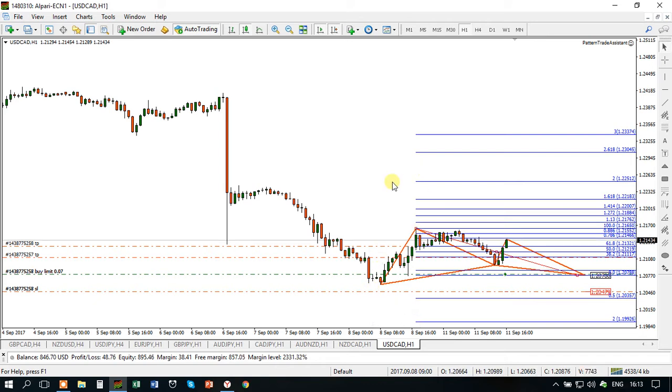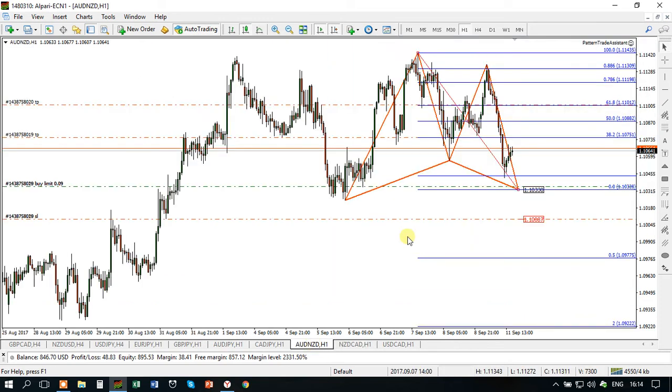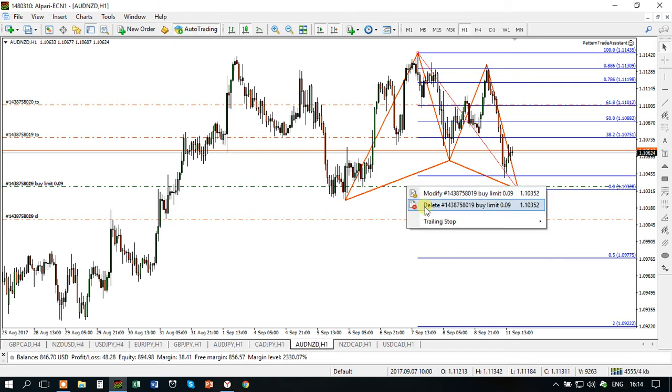If you might have noticed, my pattern trade assistant is placing trades somewhere around 18 to 20. What is this risk? 17. I am to reset this trade. You know why?